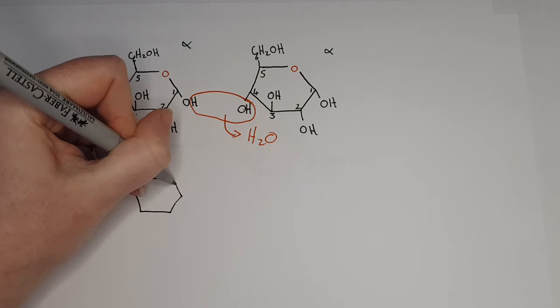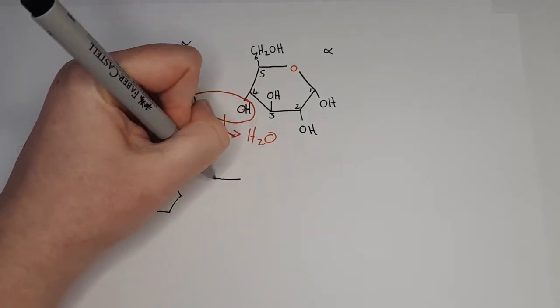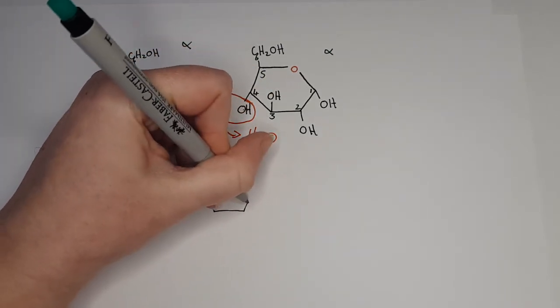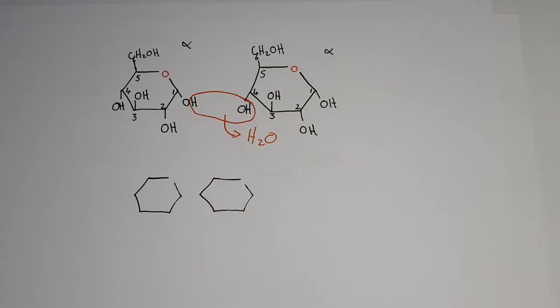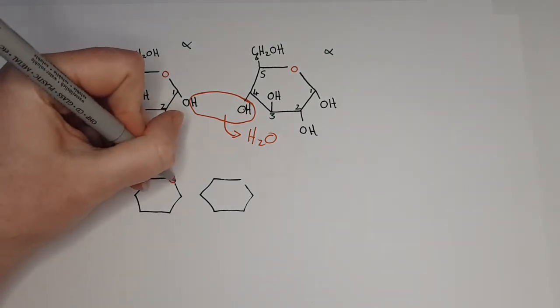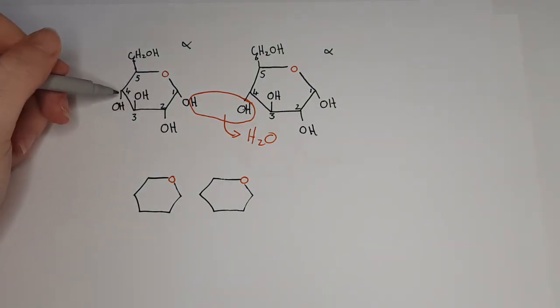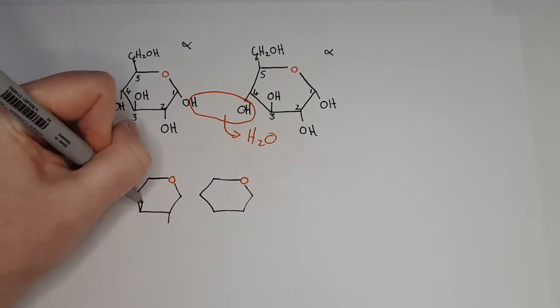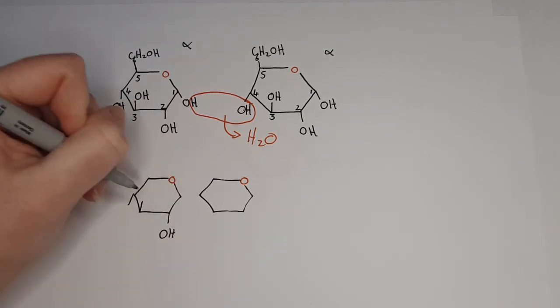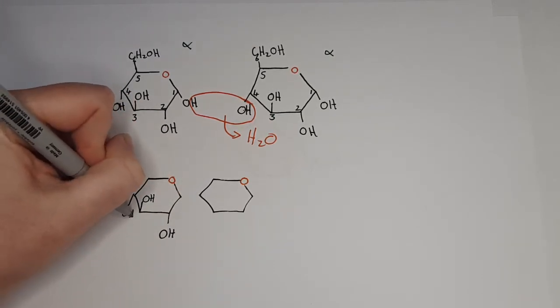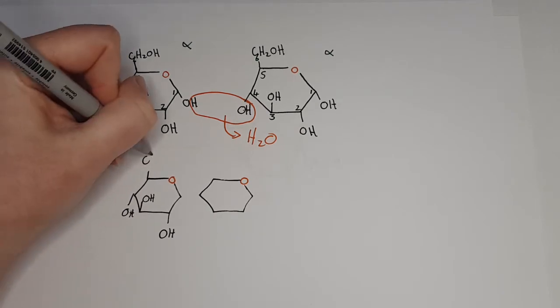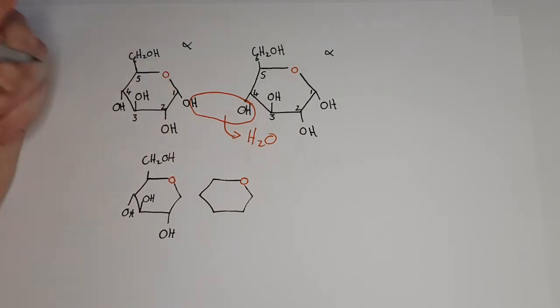So now we're going to have a ring next to another ring. The oxygens are still in the ring over there. We still have the OHs on 2, 3, 4, going down, up, down. And carbon 6 is still outside the ring.